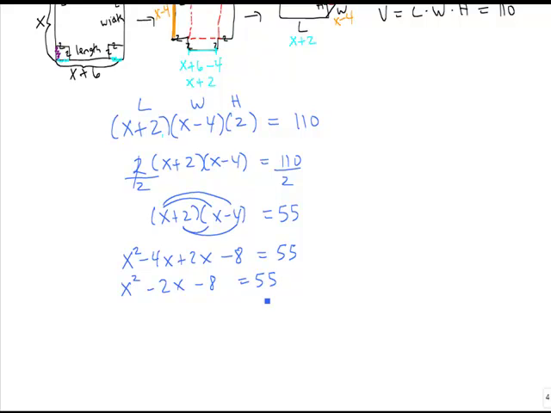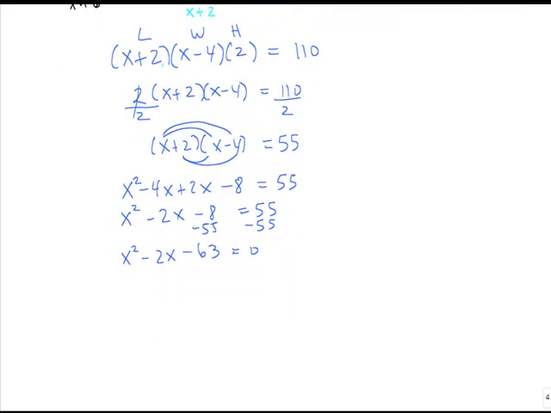And now we're ready to get our 0, so I'm going to subtract 55 from the left side, and I get x squared minus 2x minus 63 equals 0. Once we have our 0, we're ready to try and factor. So this is 3 terms, so I'm going to use a reverse FOIL.